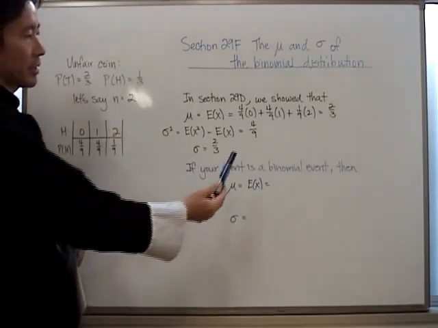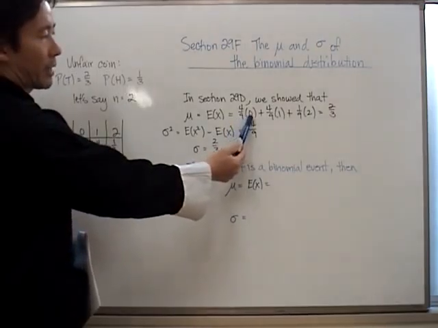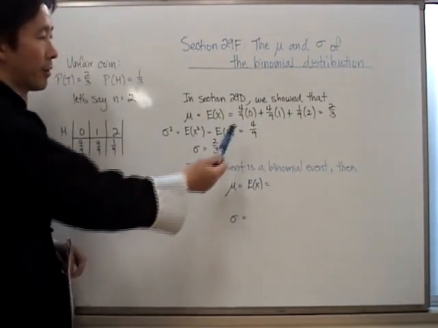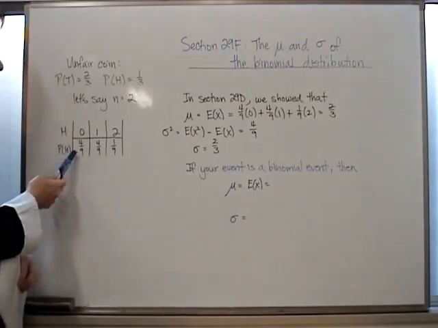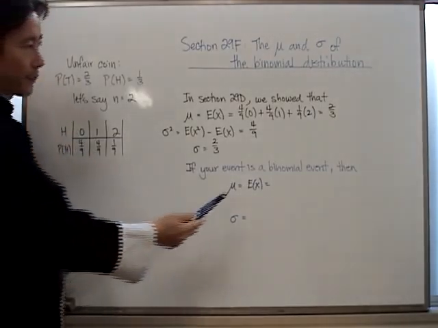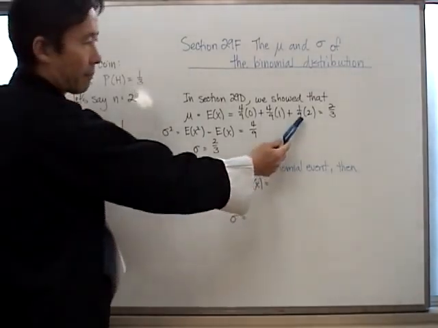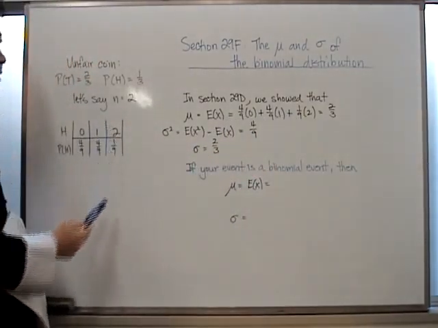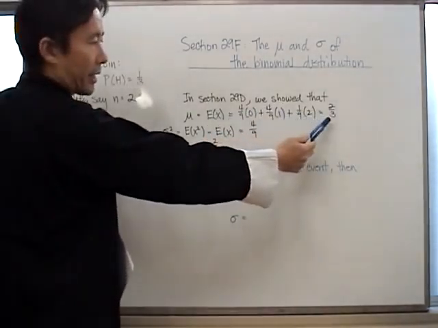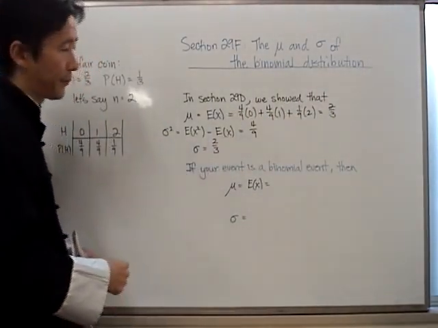So we took the probability and multiplied it by the value of the random variable for that probability. In other words here, 4/9 times 0, plus 4/9 times 1, plus 1/9 times 2. And when we added all that up, we came up with 2/3.